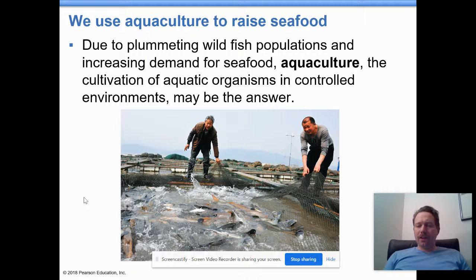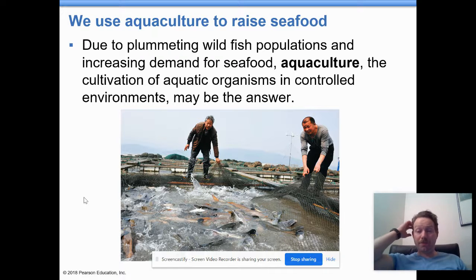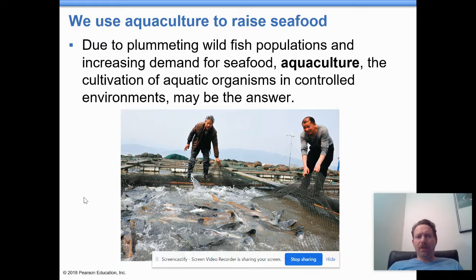Another way of growing food, particularly organisms that we eat, not plants, are fish and scallops and other things that grow in the ocean or in fresh water. This is aquaculture, and because of the plummeting of the wild fish populations due to the tragedy of the commons, we have been developing what's called aquaculture, being able to cultivate these organisms in controlled environments.